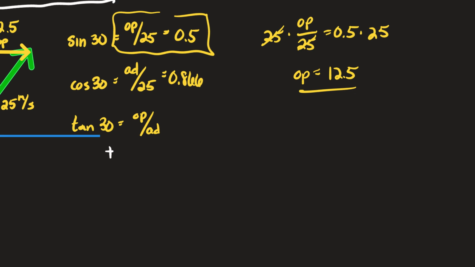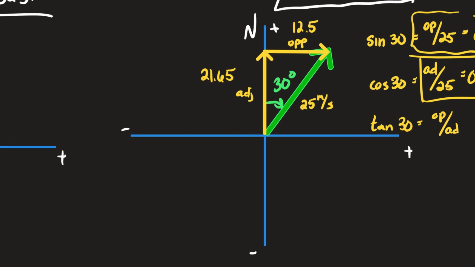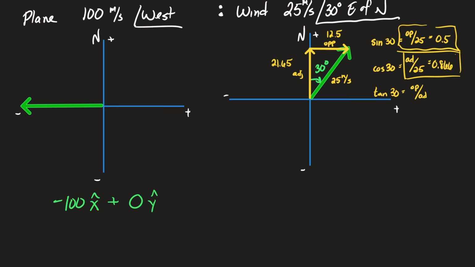Good? And just do the same thing for the adjacent side. And you know where the 0.5 and the 0.866 came from, right? All righty. Feel good about that? All right, so shrink that back down.